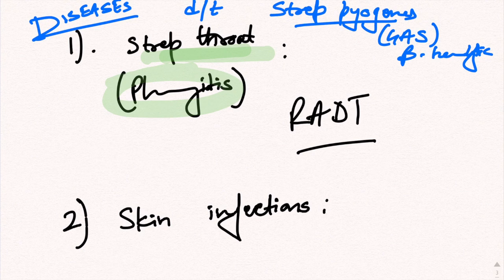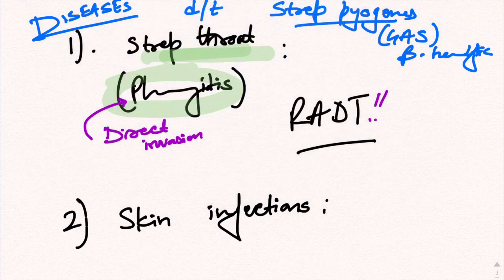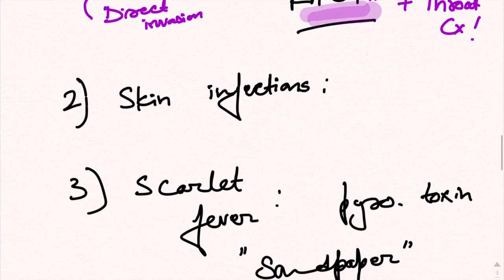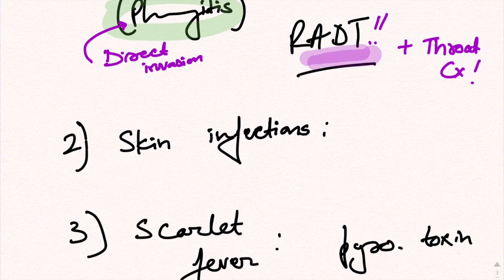Strep throat is caused by direct invasion of the pharynx or tonsils. If you have seen patients with pharyngitis, they have red swollen tonsils and pharynx. They also have a purulent exudate. They might come in with a fever, and you diagnose them with a rapid antigen detection test, also called RADT, and you also do a throat culture along with it. Treatment is with penicillin if not allergic.